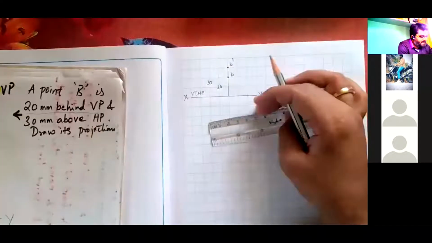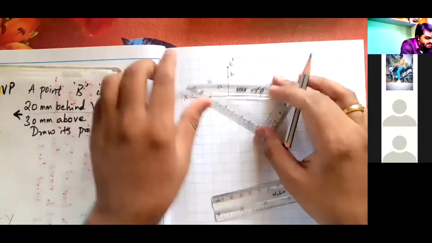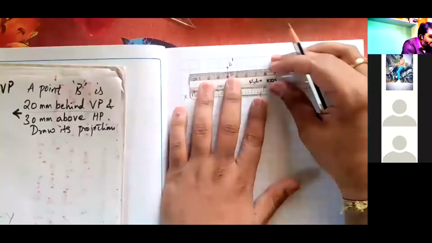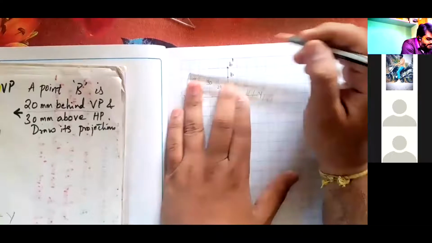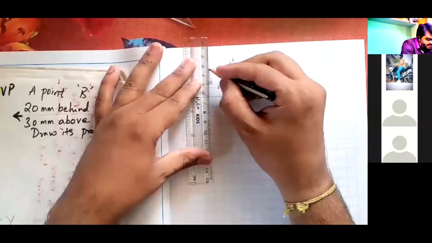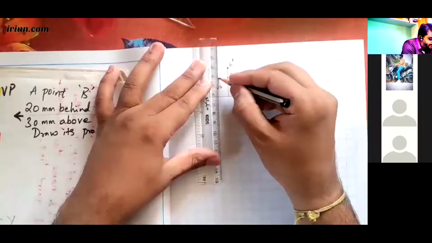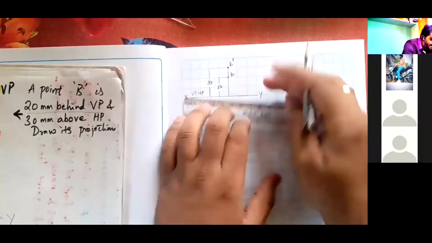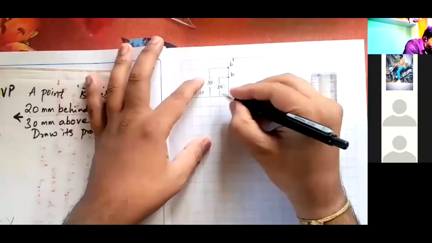So dimensioning, as there is a printed line, I need not have this set square because this is a printed line here. There is a printed line here. I'm going to draw extension line and draw this dimension line 30 as well as here 20, and mark the arrow mark very clearly.